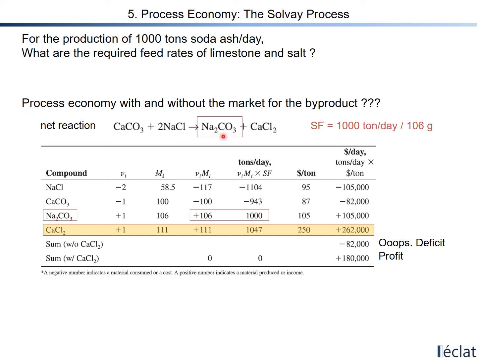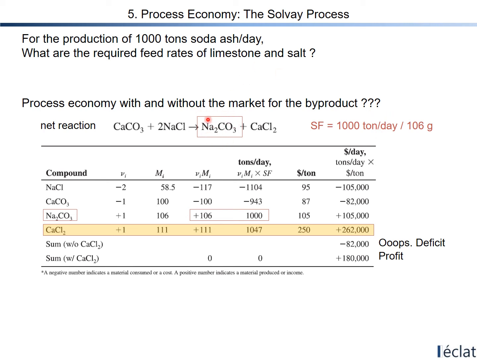The net reaction is like that, which is the Solvay process. Actually, the modified Solvay process we did by using the process synthesis. In this case, the scale factor is 1000 ton per day per 10^6 gram. The basis was the sodium carbonate.